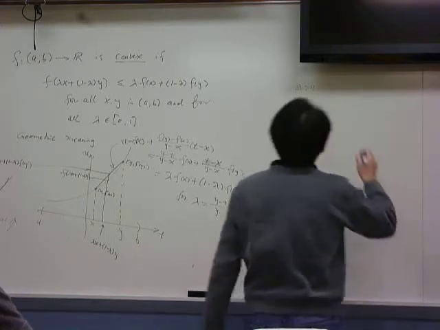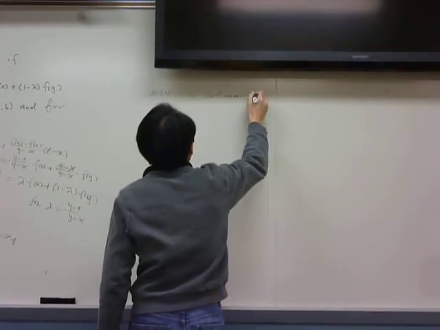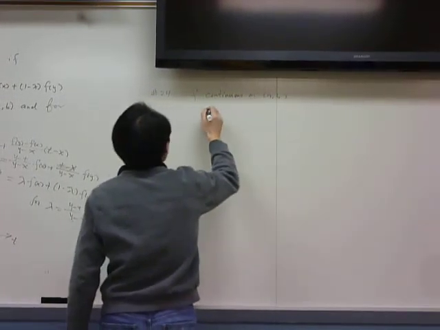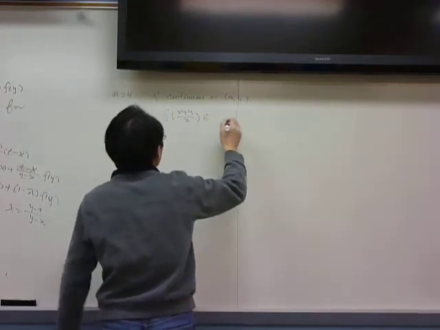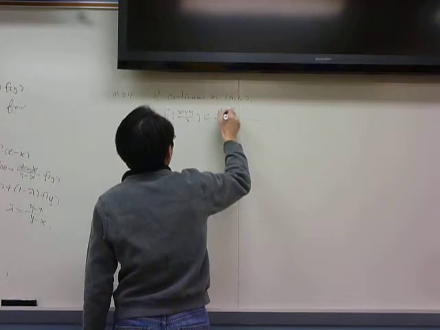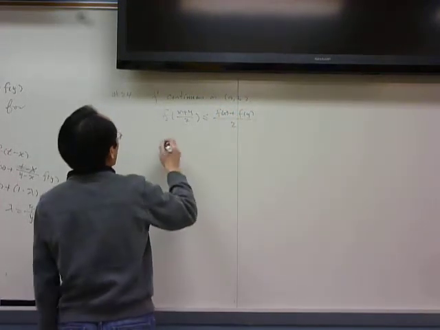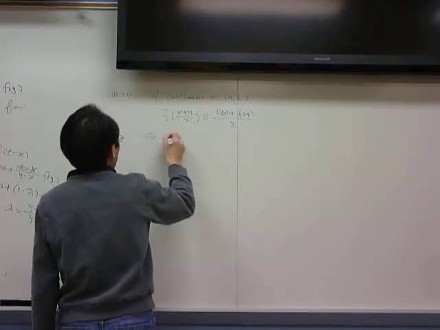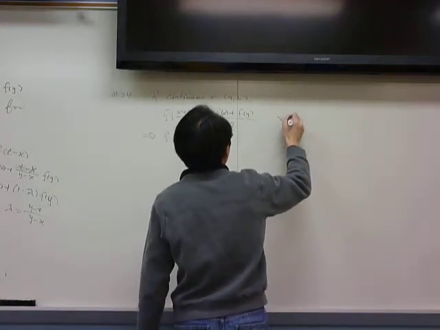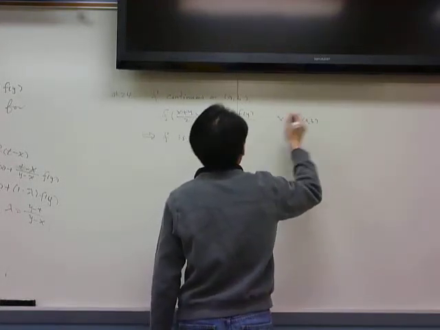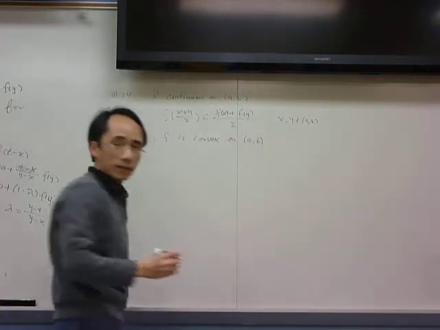So assume f is continuous on (a, b) and satisfies f of (x plus y) over 2 is less than or equal to (f of x plus f of y) over 2, for any x, y in (a, b). Then we want to prove f is convex on the open interval (a, b), right?